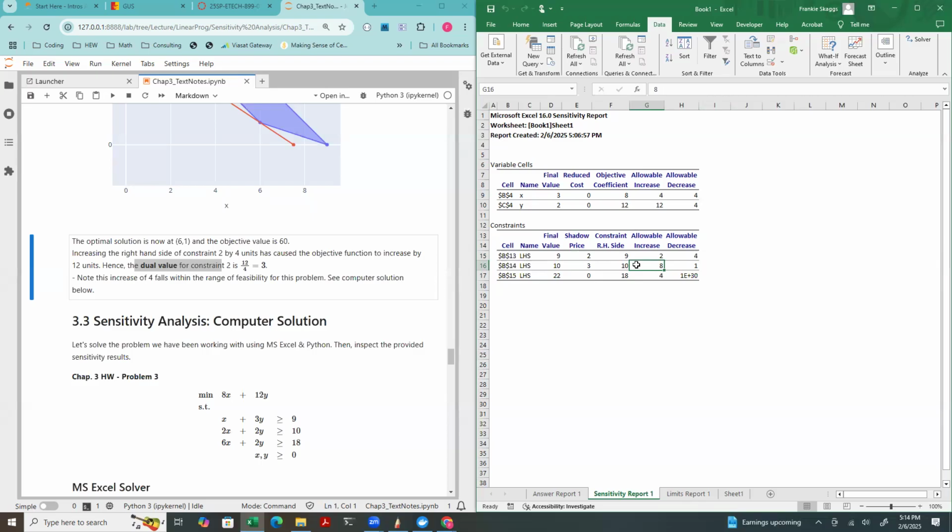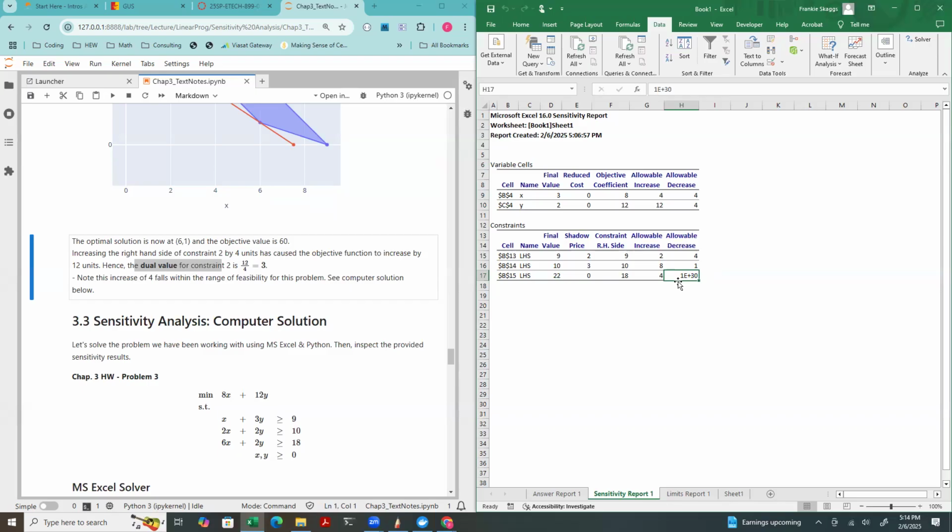But since this is a minimization problem, you, of course, wouldn't want to be doing that. Also here, we talked about kind of edge cases where you can have it to where the range of feasibility or range of optimality is bounded in one way, shape, or form. Well, this is kind of what we're seeing here. Notice it has a very large decrease for the allowable decrease on the range of feasibility for third constraint there.